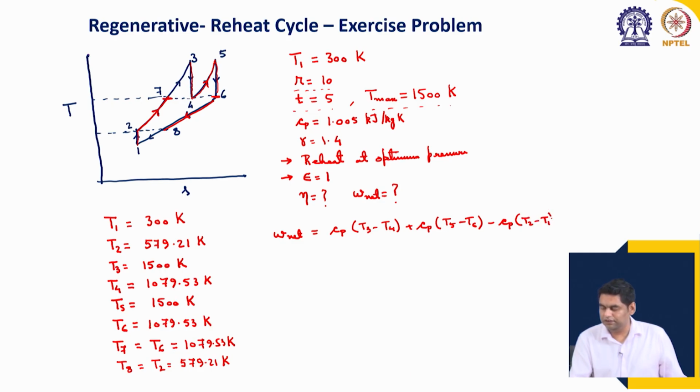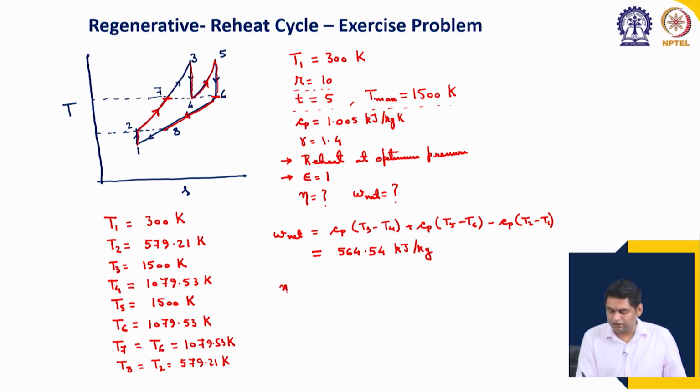This is same as the reheat cycle, because there is not going to be any change by adding regeneration to the work output, there is no change. So, this is equal to 564.54 kilojoule per kg.